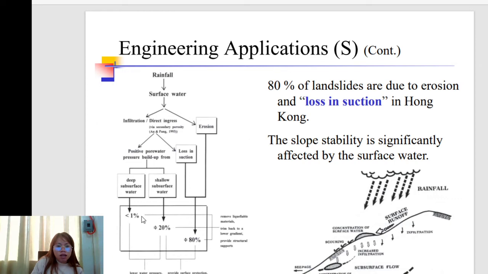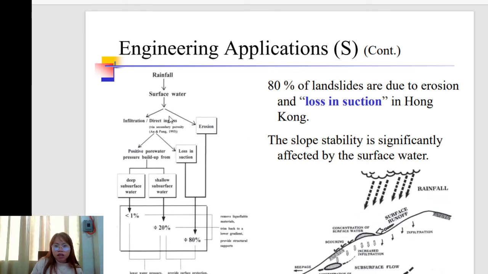This is the percent that will affect the slope stability, or will become a landslide. And we have the shallow subsurface water, approximately 20%, no? So meaning 20% that it will cause erosion or landslide.